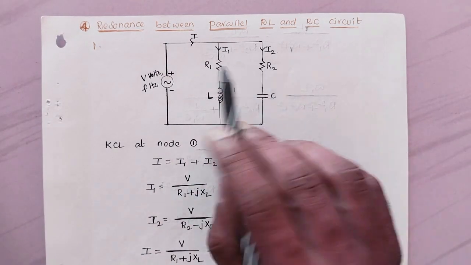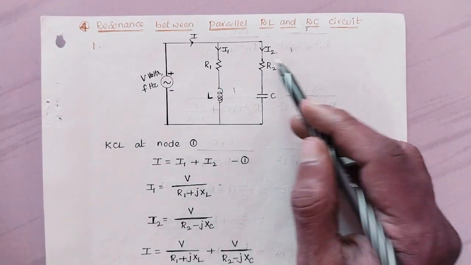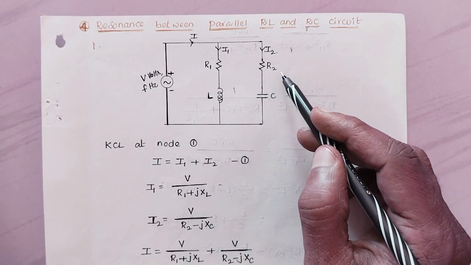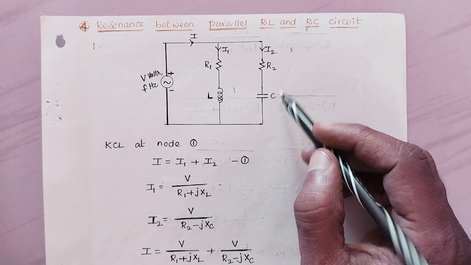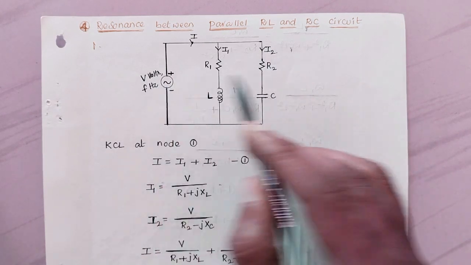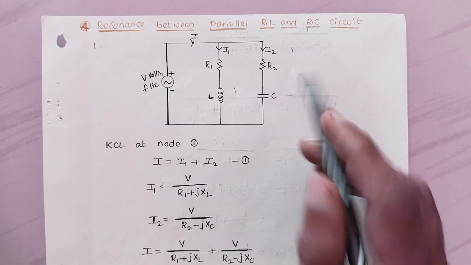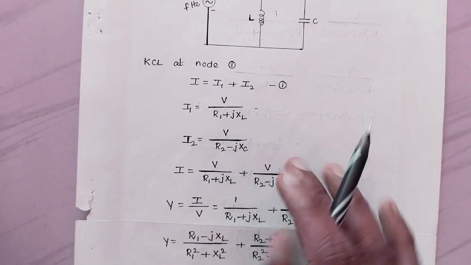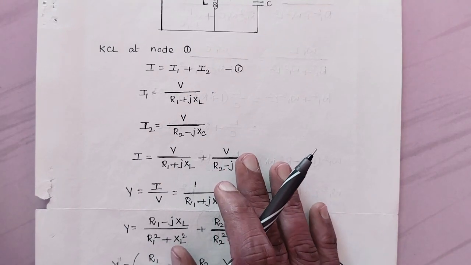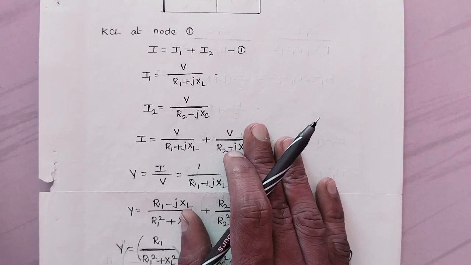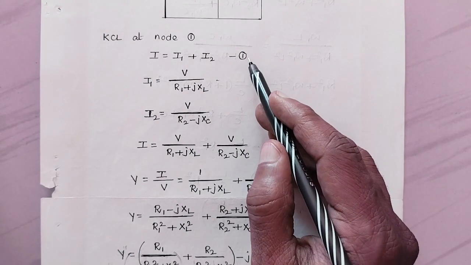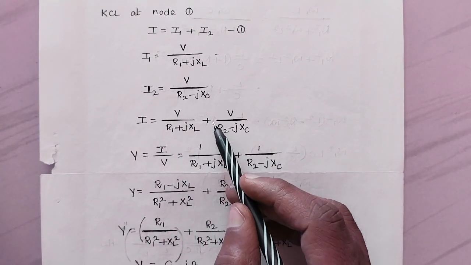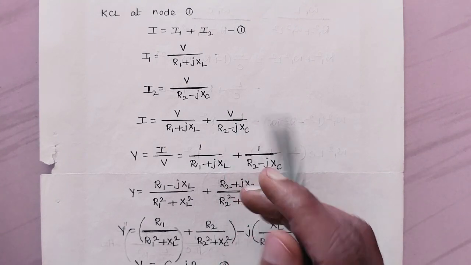Similarly, V equals I2 into (R2 minus jXC), so I2 equals V by (R2 minus jXC). Substituting in equation 1, we get I equals V upon (R1 plus jXL) plus V by (R2 minus jXC).